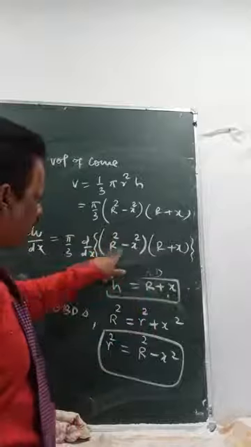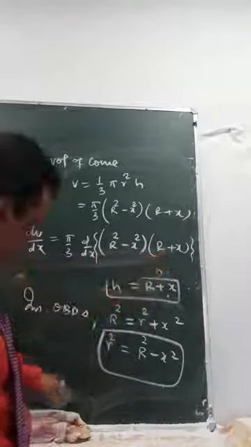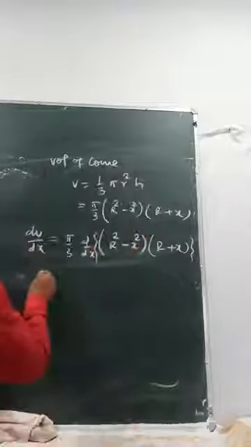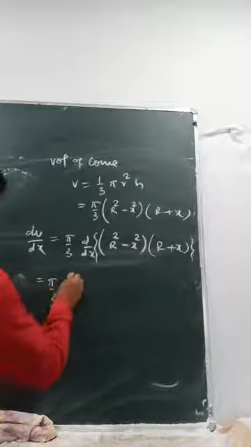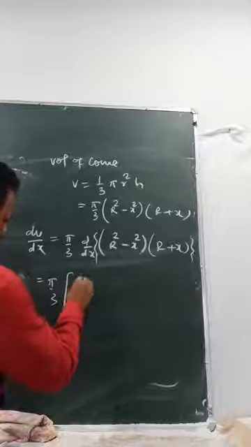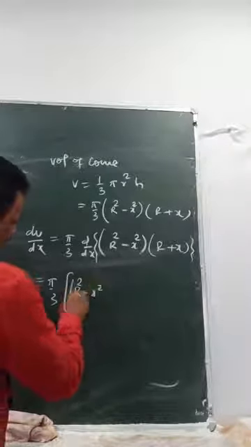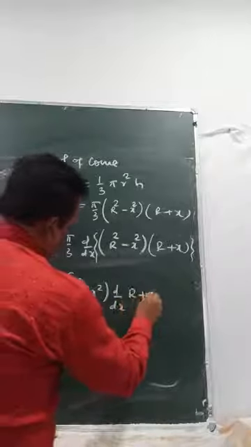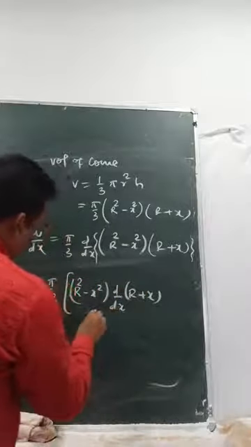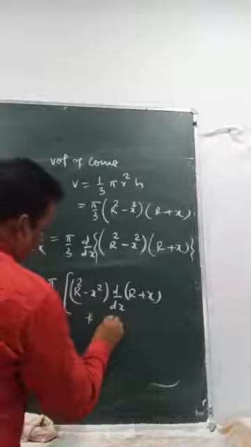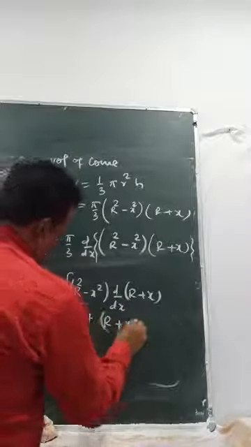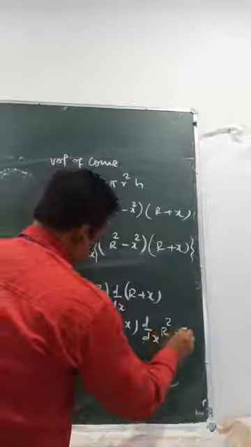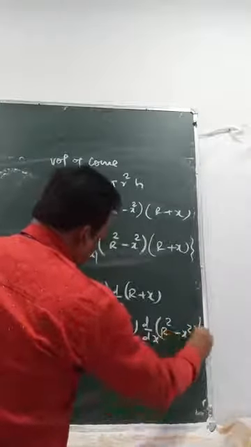Now you have to use the product rule. So what is the product rule here? Pi by 3, first function, derivative of second, plus second function, derivative of first. Okay, this is the formula I wrote.